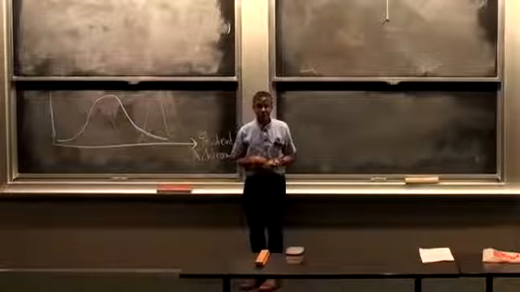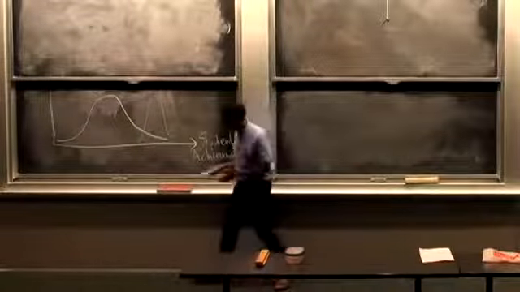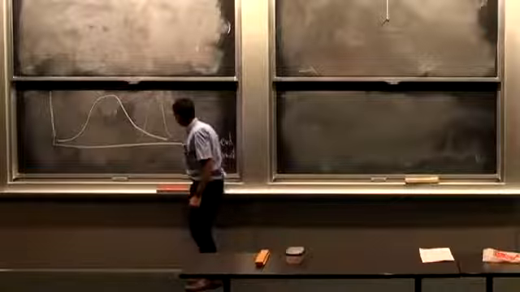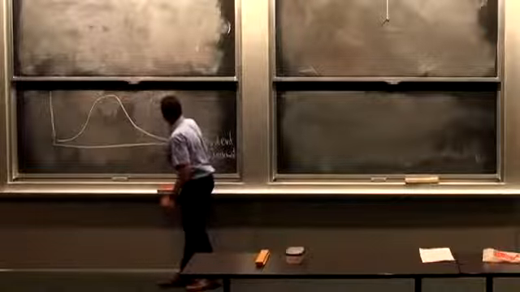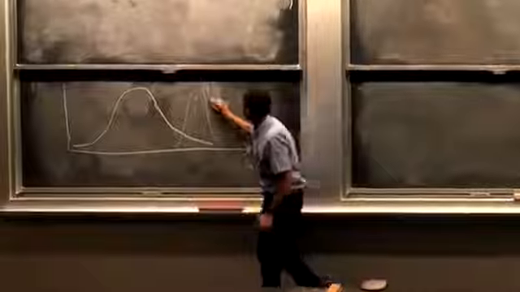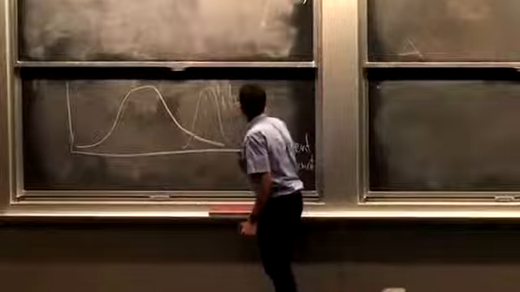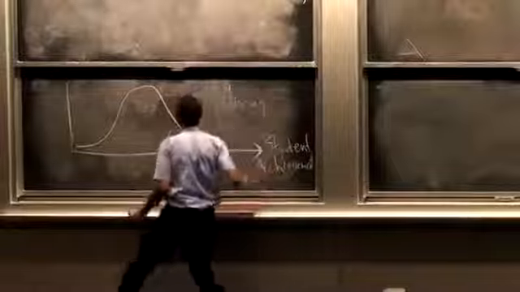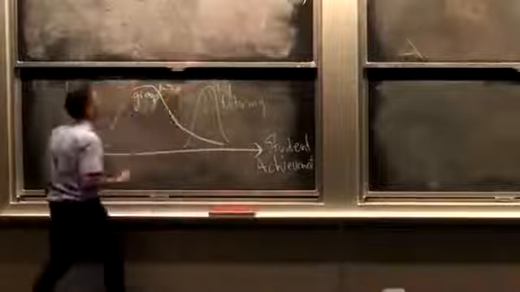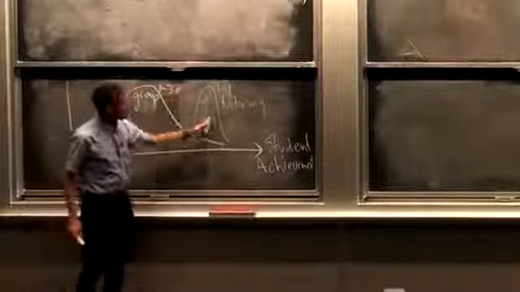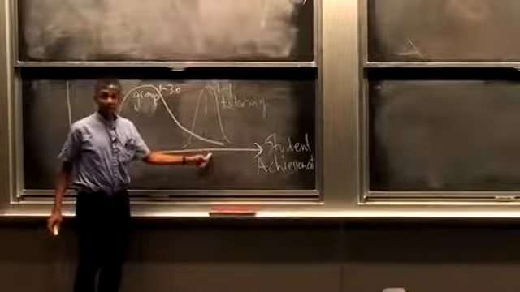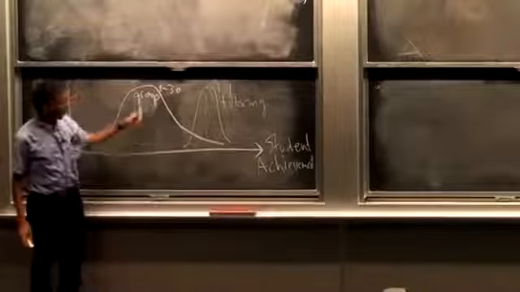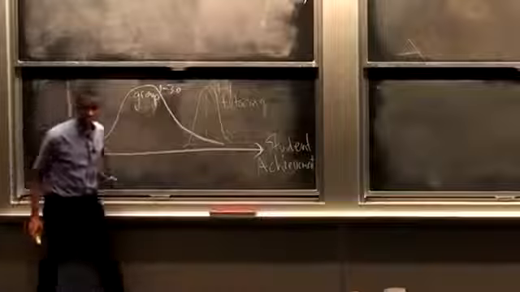To put some quantitative figures on this from Bloom's results, this is 1-to-1 tutoring. Compared to 1 to 30, the average tutorial student is 2 sigmas better than the group students.